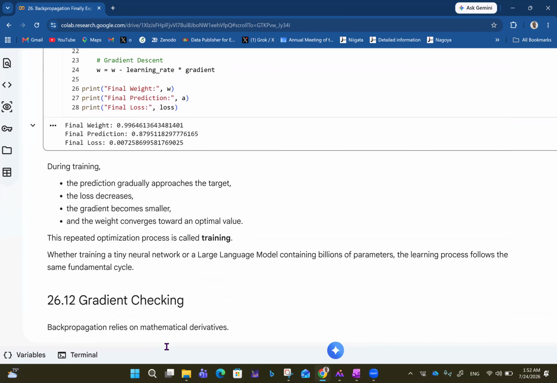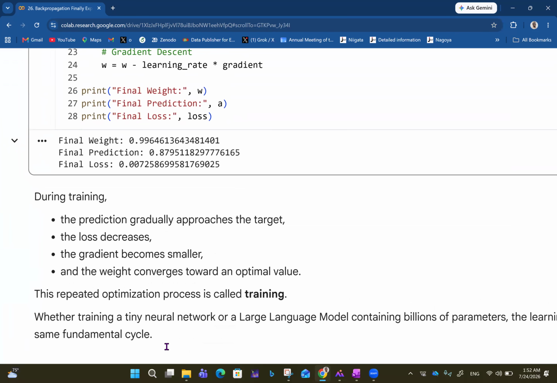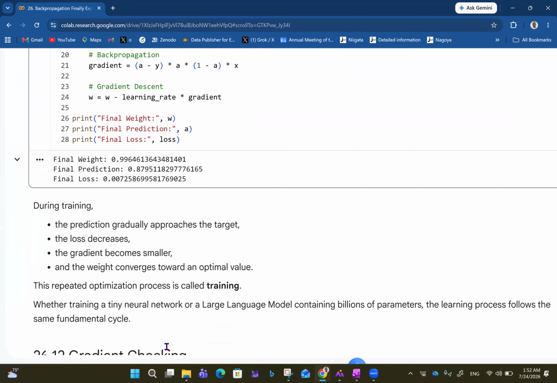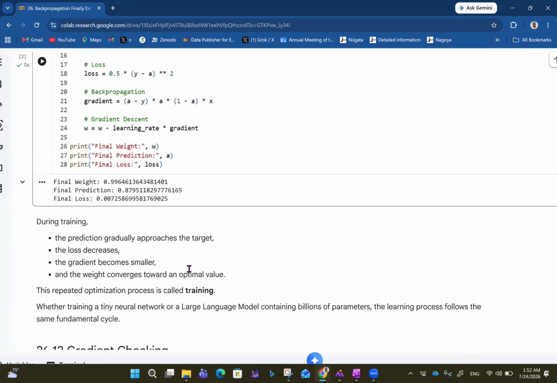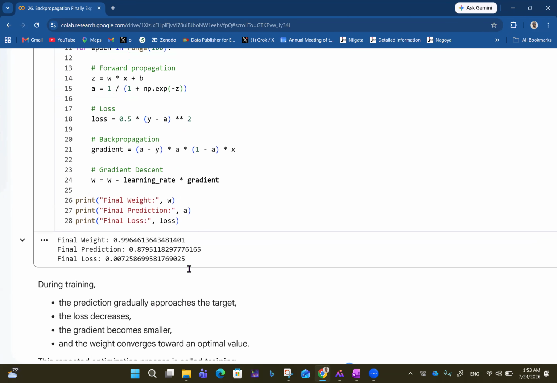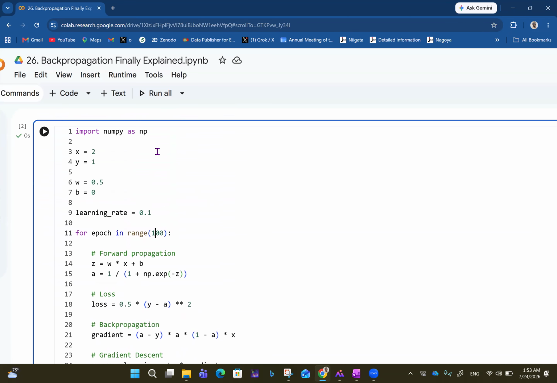So during training, you see that the prediction gradually approaches the target. Our target was 1, right? So now 0.99 is, to one decimal place, 1, to two decimal places it is 1, and to three decimal places it is 0.996. So it's pretty close now. It means if we even continue, we can even get 1. In fact, let me make it 200 iterations.